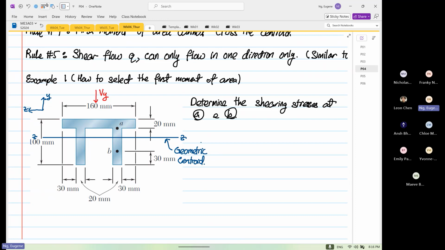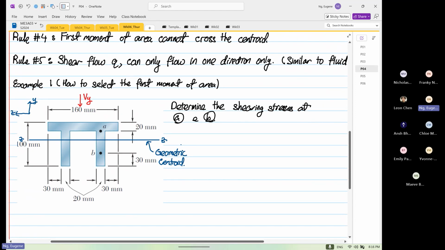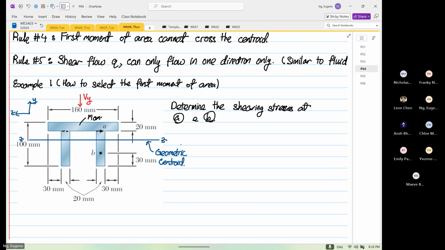So to find our geometric centroid is very straightforward. You all know this really well. So I will divide it this way. This is our flange. This is our left web. And this is our right web.